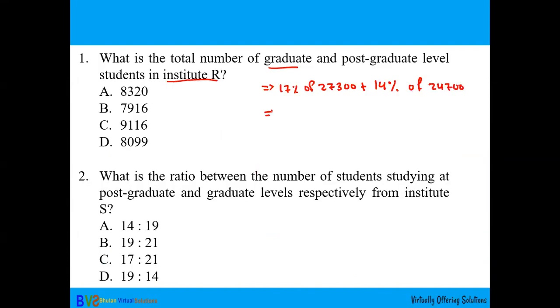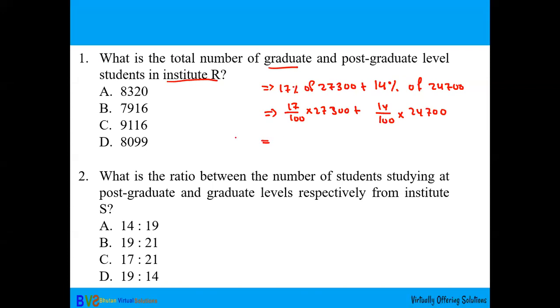So you calculate 17 by 100 times 27,300 plus 14 by 100 times 24,700.